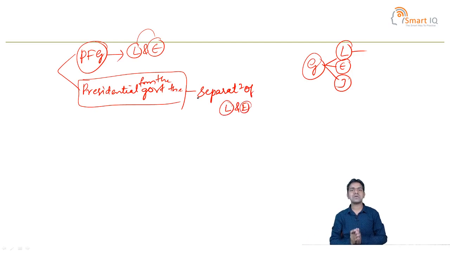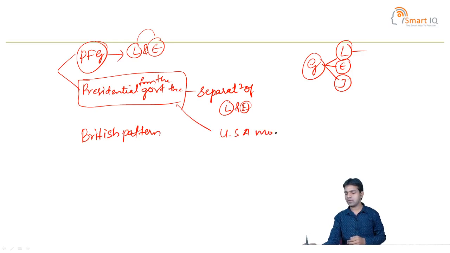That is the major difference. The parliamentary form is also called the British pattern, or British parliamentary form of government. The presidential form of government is based on the USA model.